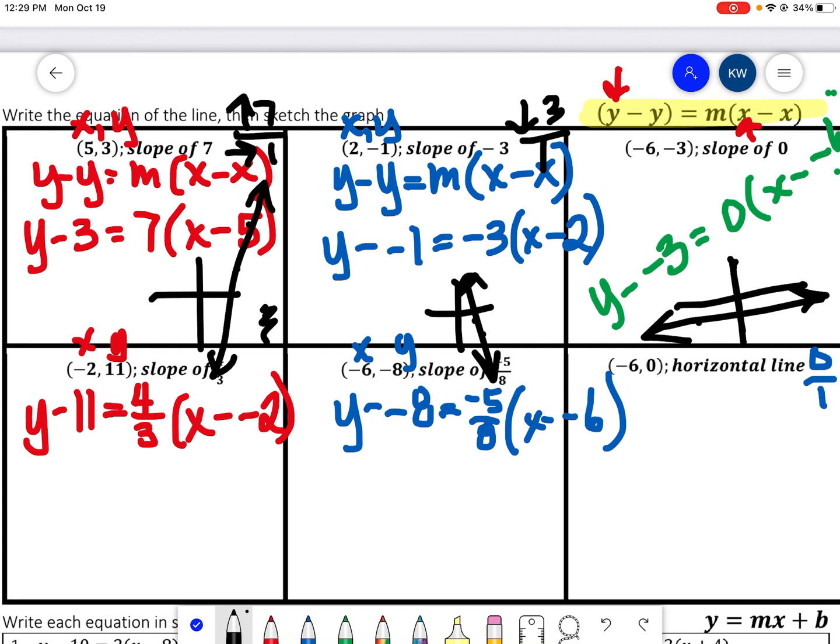Now, similarly, I want you to sketch the other 3. But remember that this 4/3 is going to be up 4 to the right 3. And this one is going to be down 5 to the right 8. You sketch the last 3.